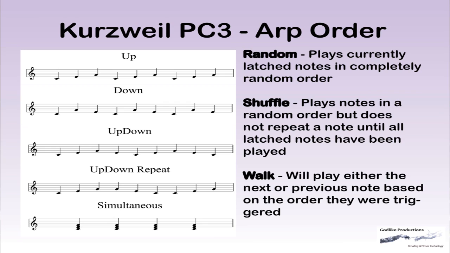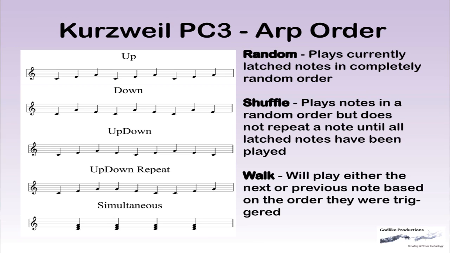Okay, so as we go through these play orders, the first one you've got is played, and that is the order in which the notes are played. So if you play the C, E, and G in that order, it will use that as your arpeggiator order.